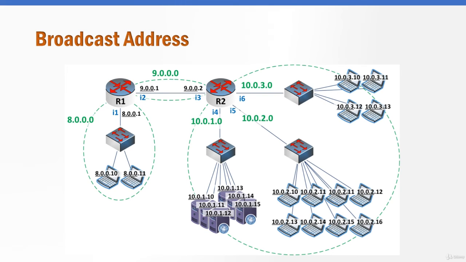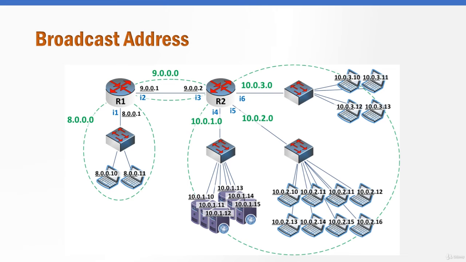And now we're going to talk about broadcast addresses, what they are, and give an example of how they work. We've already defined our network IDs for all of our networks in our example, and I'm going to use the CIDR notation once again. I promise that the next lesson is going to be about that, and we're going to do more examples.